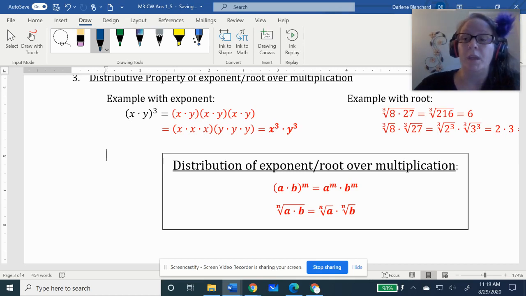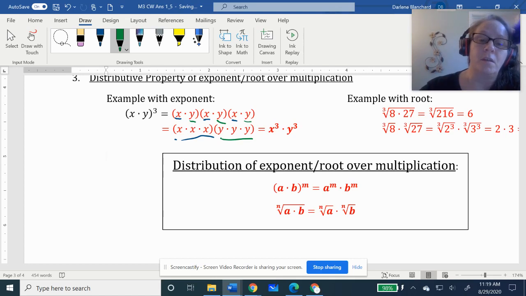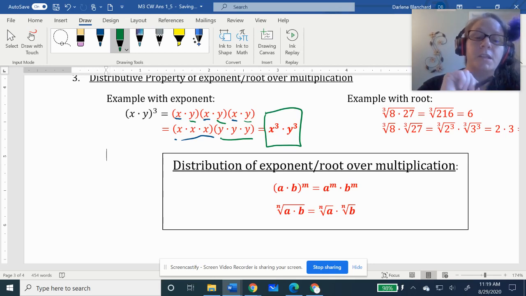Now, order of multiplication doesn't matter. So we can choose to group together the 3 x's that are multiplying, and we can choose to group together the 3 y's that are multiplying. And then we can see that ultimately what we have is x cubed times y cubed. And that is the distributive property of exponent over multiplication.